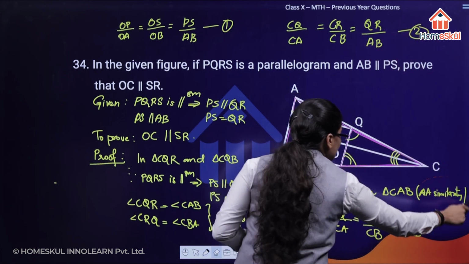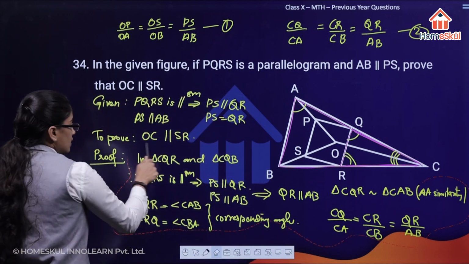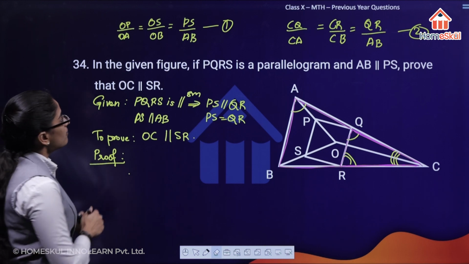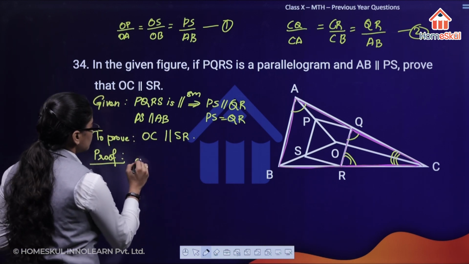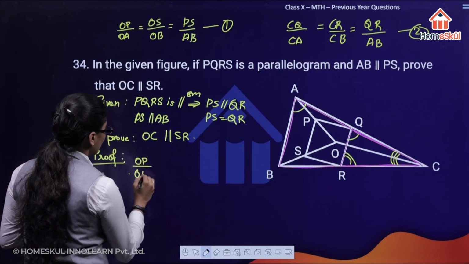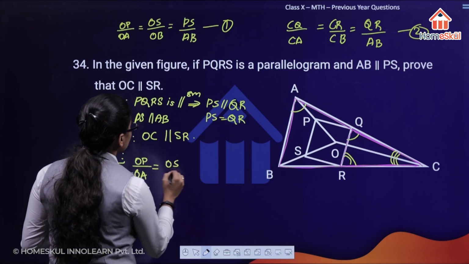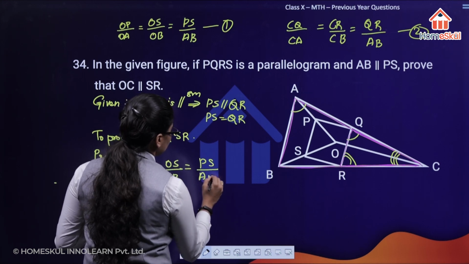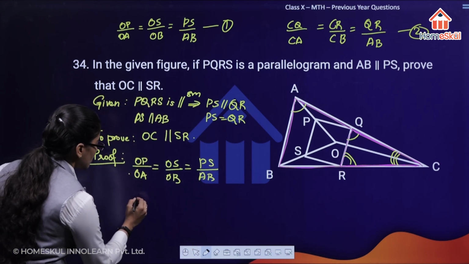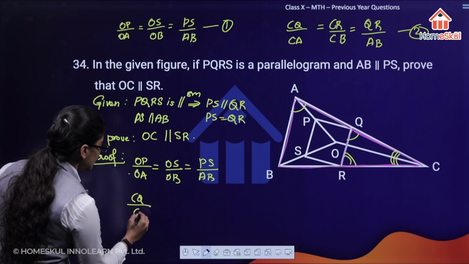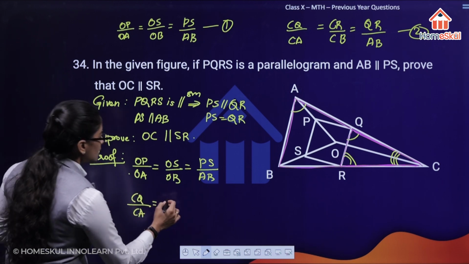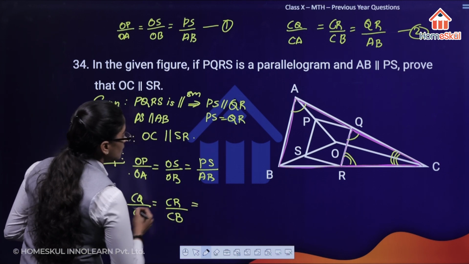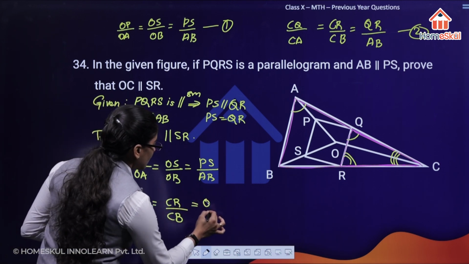Using these two equations, we will prove that OC is parallel to SR. So let's rewrite those two equations. OP by OA is equal to OS by OB is equal to PS by AB. This is our first equation. And the second one is CQ by CA is equal to CR by CB is equal to QR by AB.